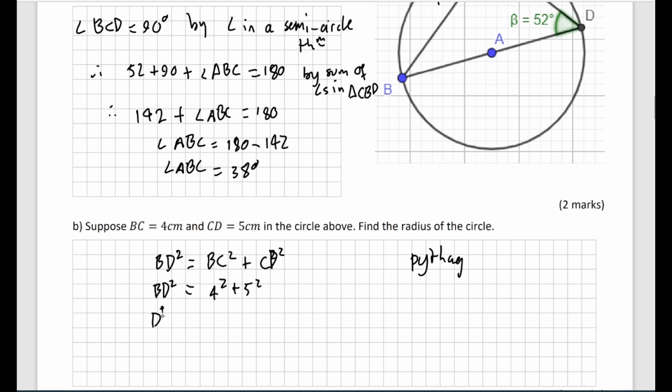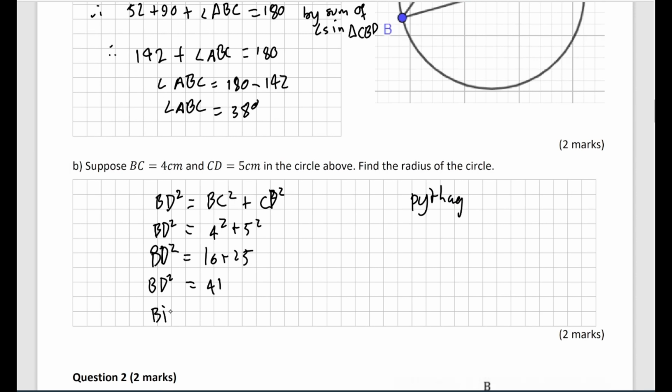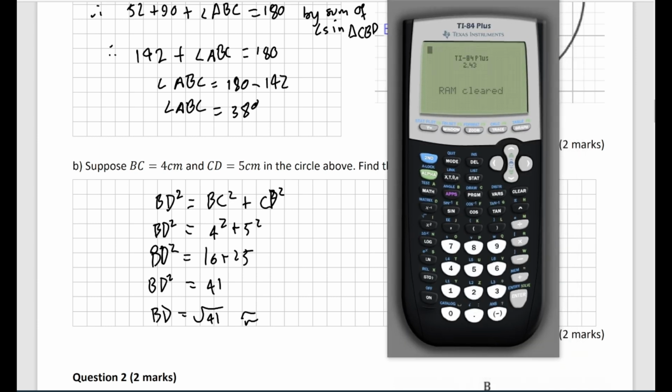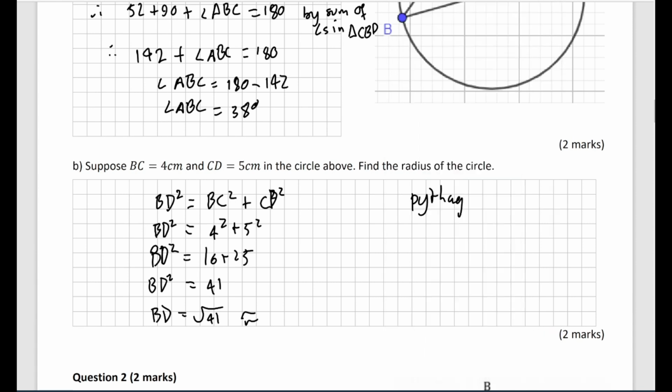So BD squared equals 16 plus 25, which is 41. So BD equals root 41, which approximately equals, we can check our answer here, 6.403.